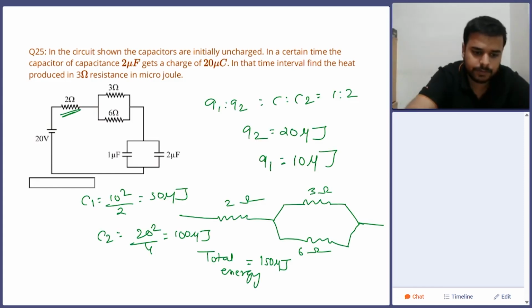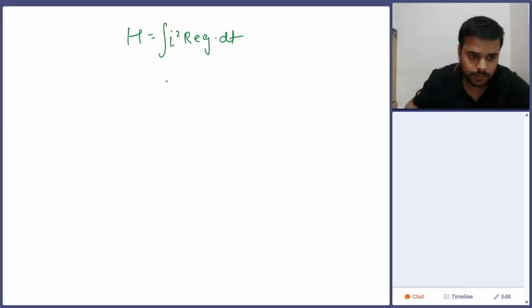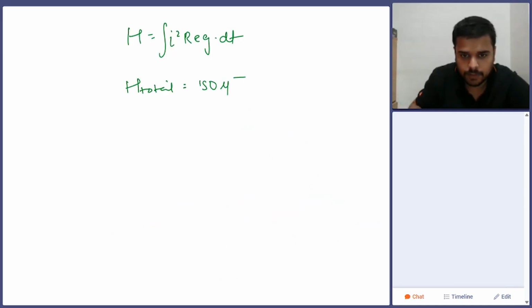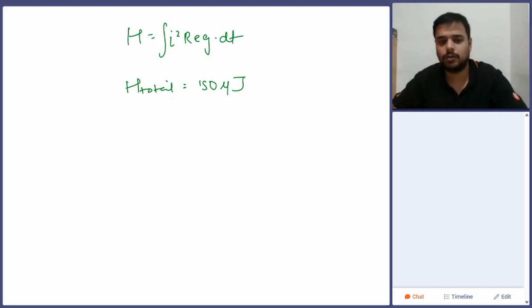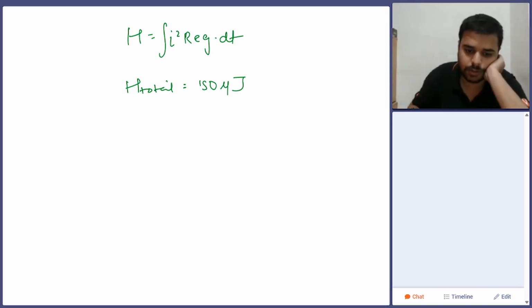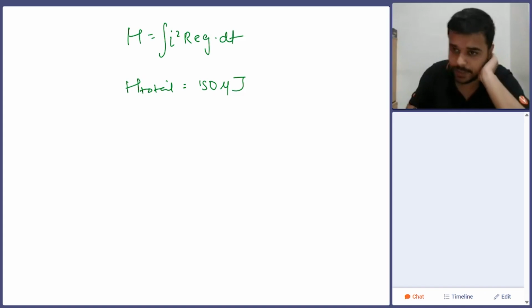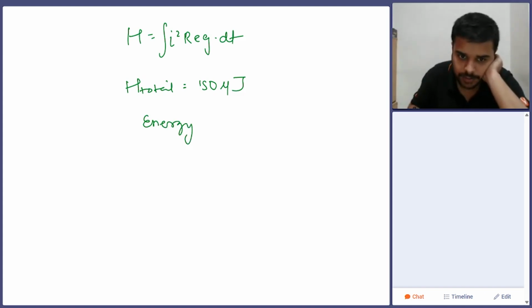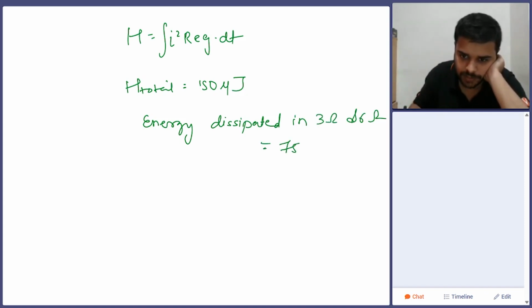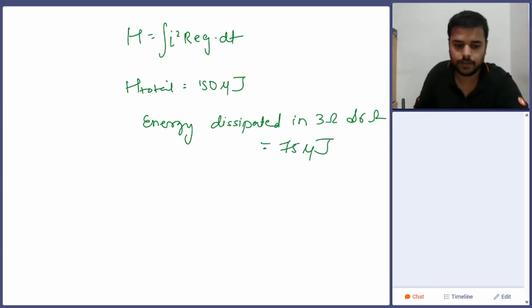What we can do is, H total we know is 150 microjoules. So we can say that the energy dissipated in the branch of 3 ohm and 6 ohm will be 75 microjoules.